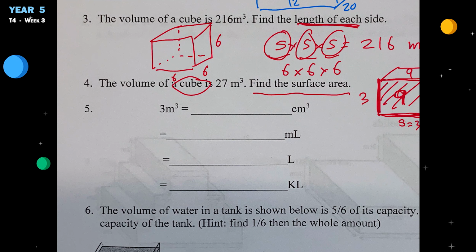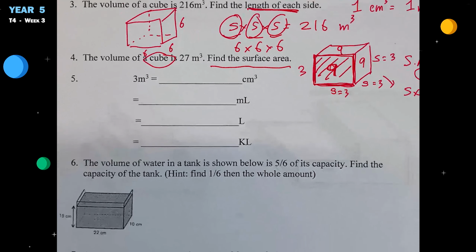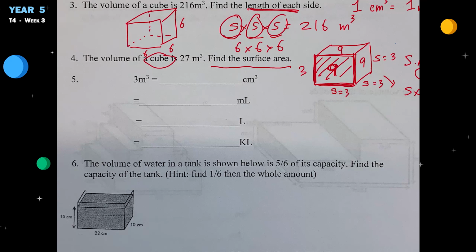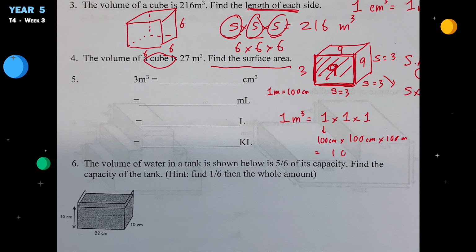Now let's see. 3 meters cubed. How many centimeters cubed is it? Well, 1 meter cubed is equal to 1 meter times 1 meter times 1 meter. They're all meters. And we know that 1 meter is equal to 100 centimeters. So this is 100 centimeters times 100 centimeters times 100 centimeters, which equals 1 million centimeters cubed.